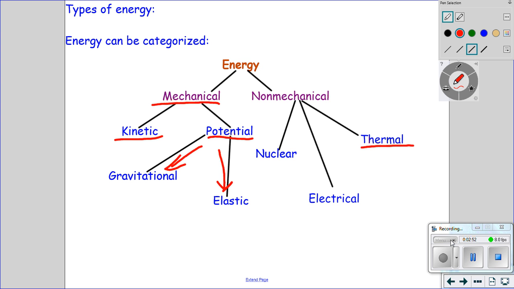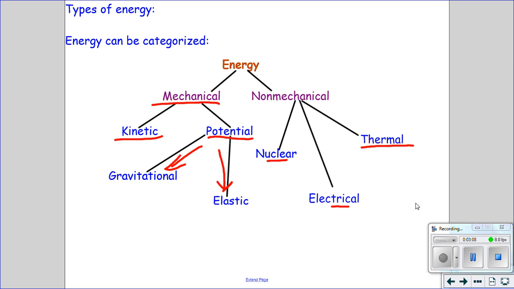I also listed here a couple of other examples of non-mechanical energy, such as nuclear. Nuclear energy can be present and not cause an object to move. And same with electrical energy. Let's focus primarily, though, on mechanical energy for the rest of this video.